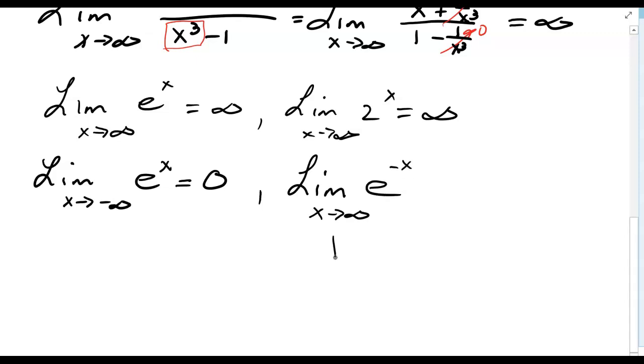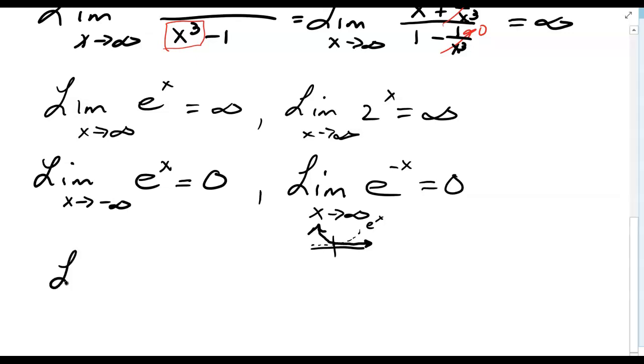If you picture e to the negative x, normally e to the x goes this way, right? So e to the negative x goes like this. It just reverses it, flips it around the y-axis. So in this case, when we go to positive infinity, the e to the negative x is going to go to 0.